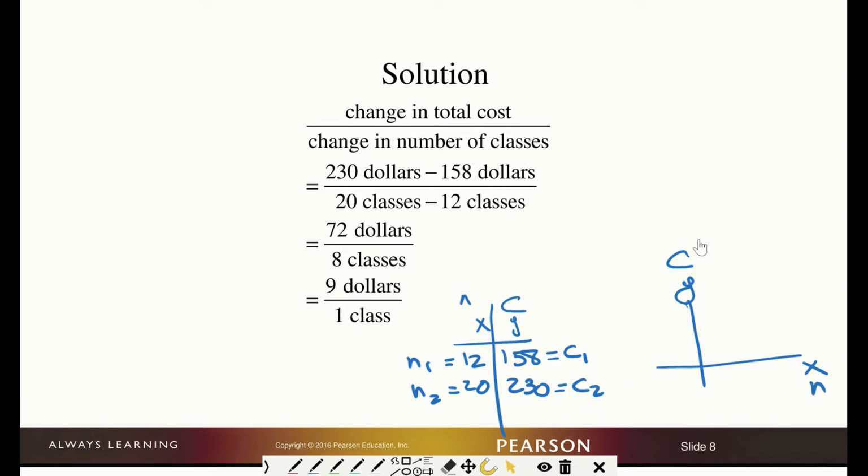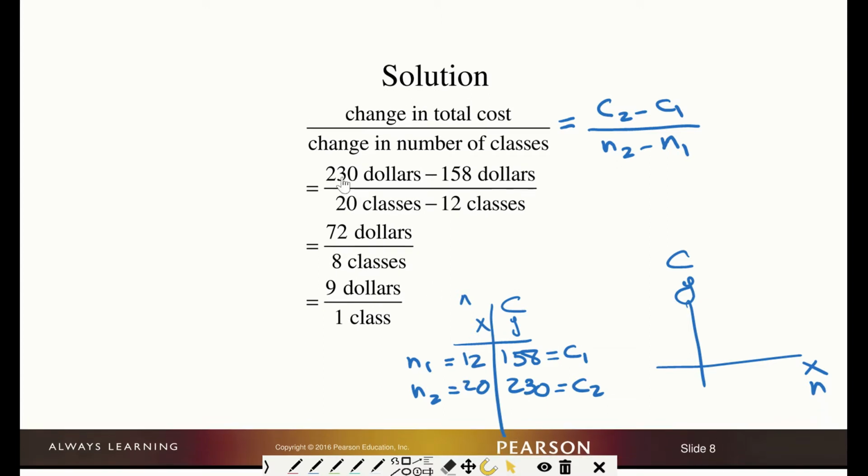According to the formula we had, it's going to be C2 minus C1 over the change in number of classes, so that'll be N2 minus N1. Notice C2 from our data is right there, 230, so that's where that comes from, minus C1, which is 158, divided by N2, which is 20, minus 12, which is right there, okay?